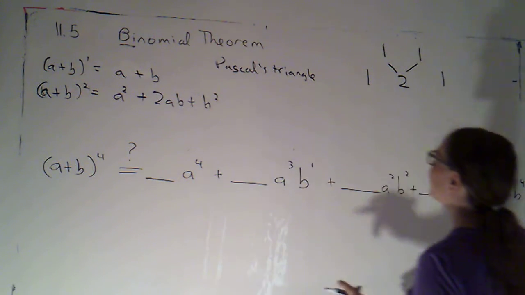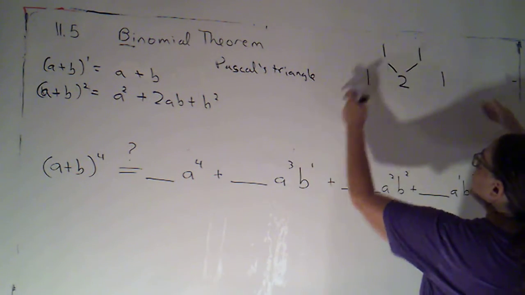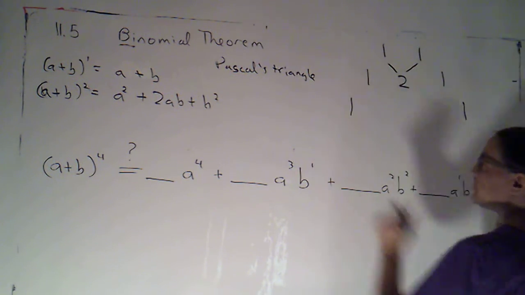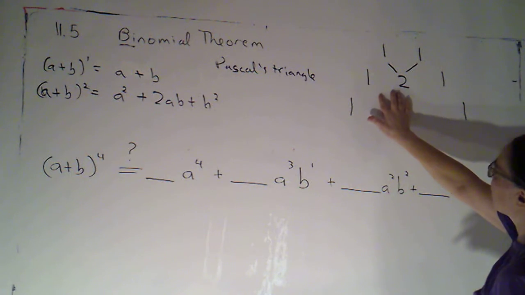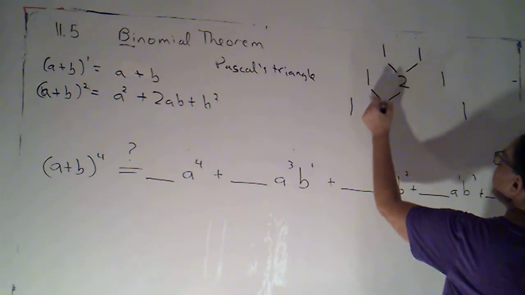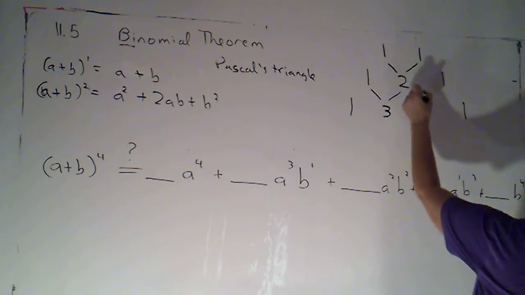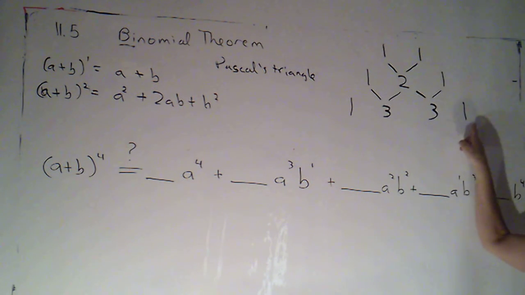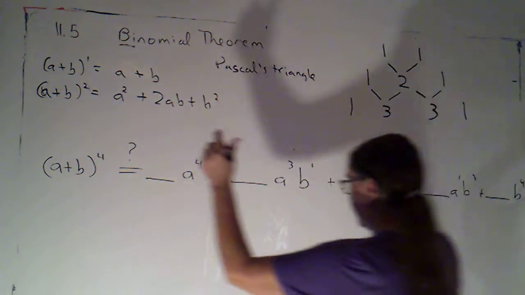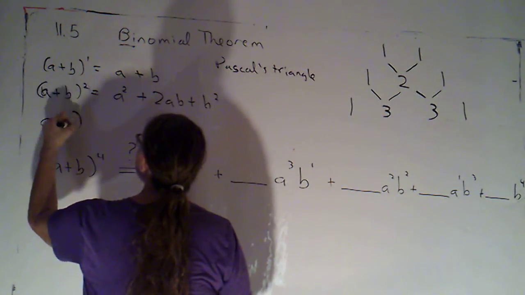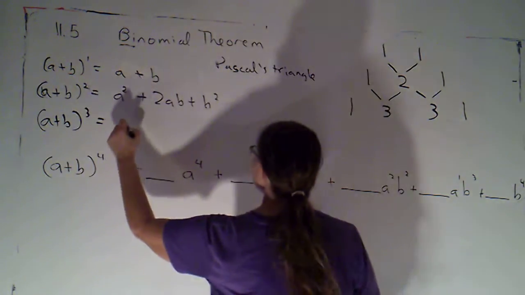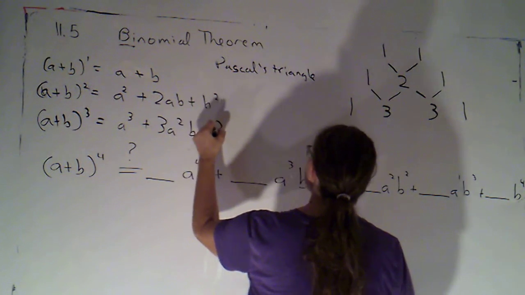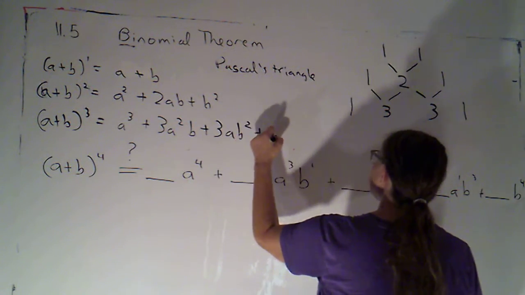Kind of cool. To get to the third row, again, I just come out so that I'm forming this triangular shape, and then anytime there are two numbers in the row above, I add them. So 1 plus 2 would be 3, 2 plus 1 would be 3. I get 1, 3, 3, 1. Now, it's erased, but A plus B cubed, if you look back, was A cubed plus 3A squared B plus 3AB squared plus B cubed.